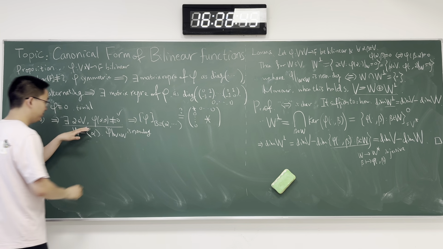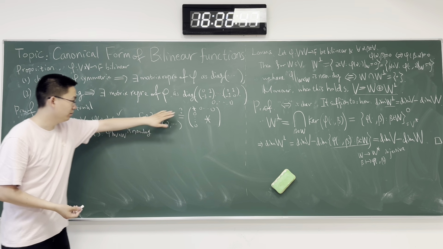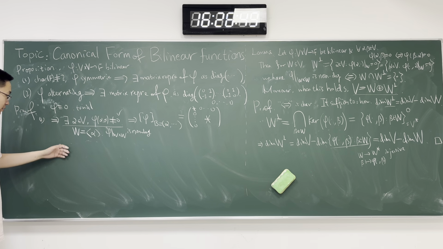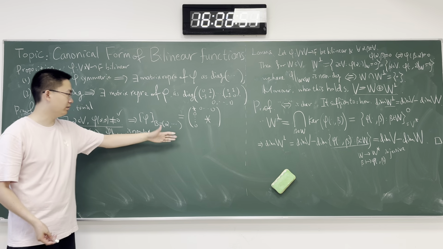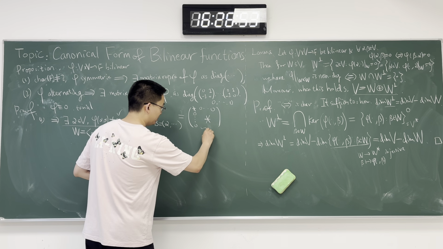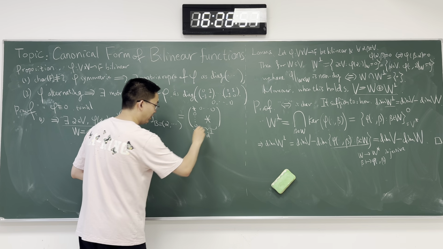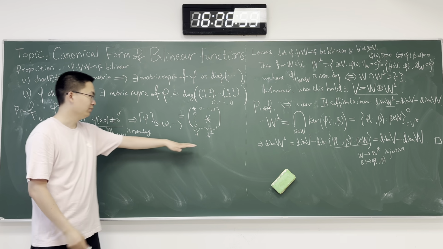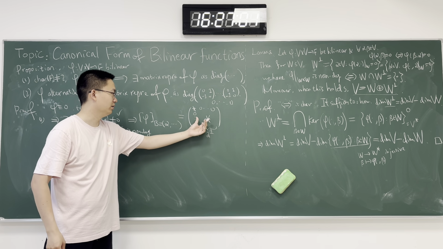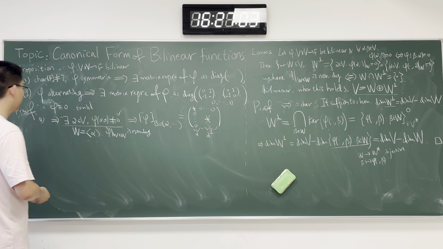But this is clear from our assumption. So we already have this form, right? And now we just focus on the complement, and by our inductive hypothesis, this diagonal form is clear. Okay.